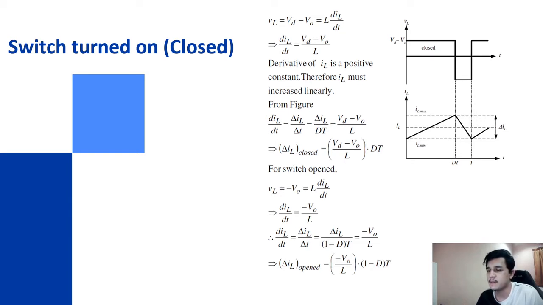From the figure, there's a formula as shown on the slide. And for switch open, there's also a formula which means VL equal to negative VO equals L dIL over dt. And there's some more formulas on this slide.